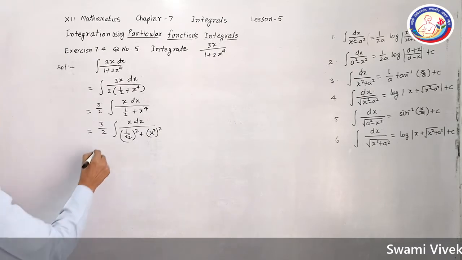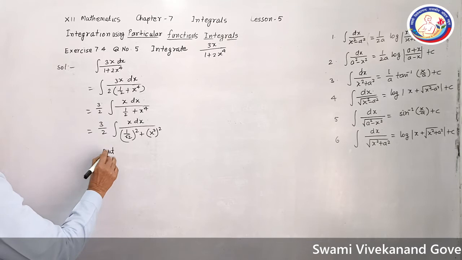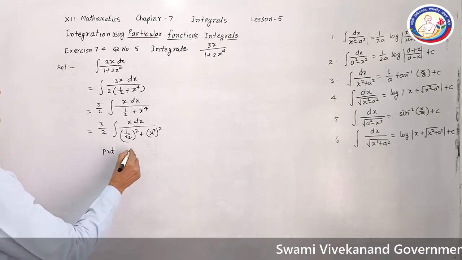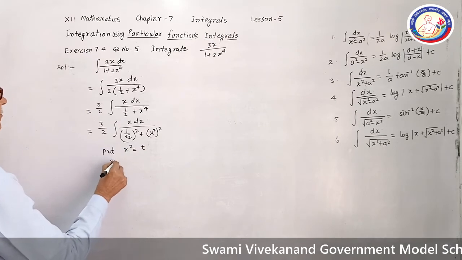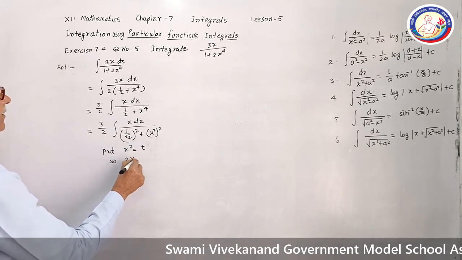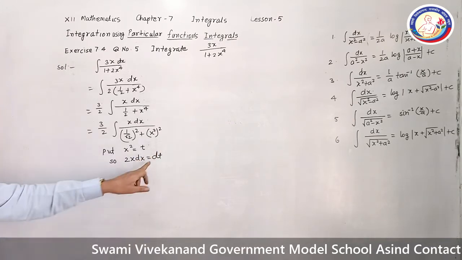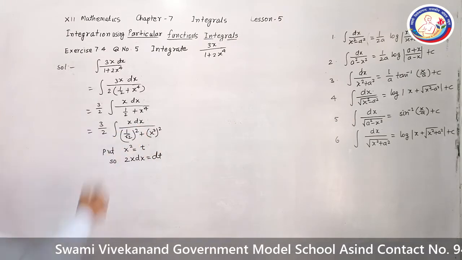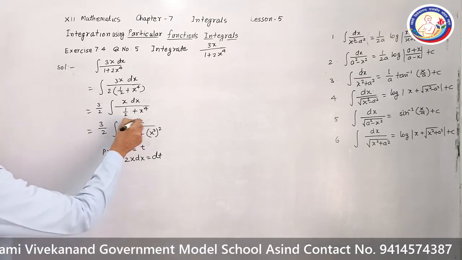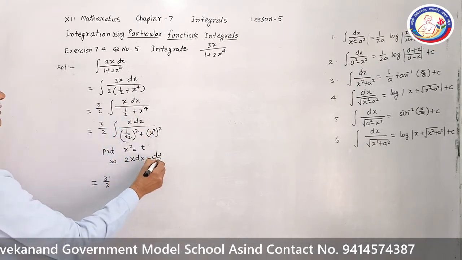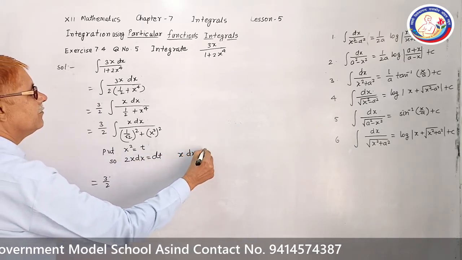Now put x square equal to t. So twice x dx equal to dt. This substitution we will use here. Now it changes into 3 by 2 here. x dx is equal to dt by 2.